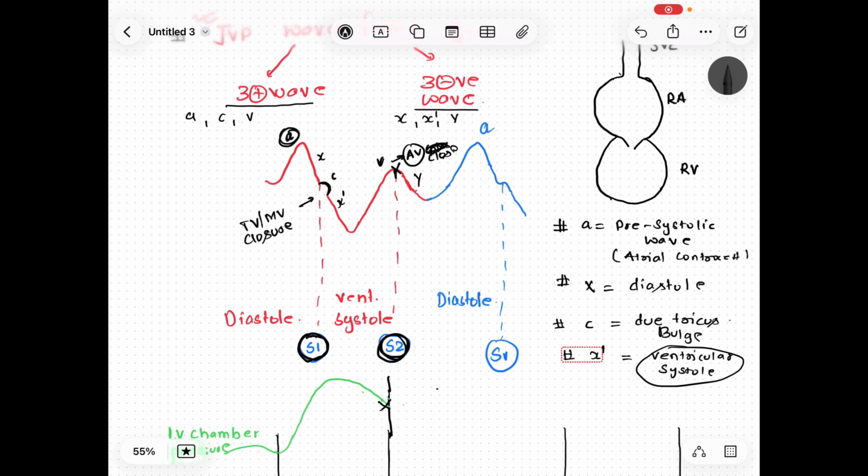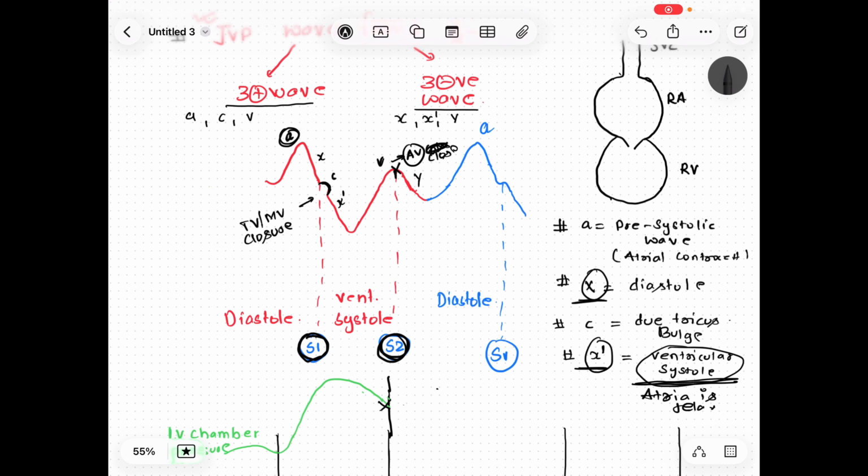When the ventricle is in systole, the atria is relaxing. So both X descent and X prime descent occur due to atrial relaxation while the ventricle is in systole.